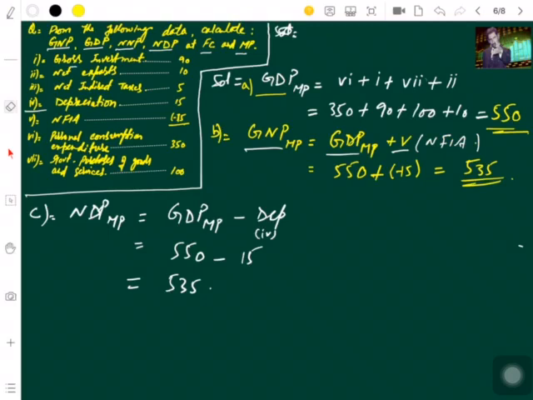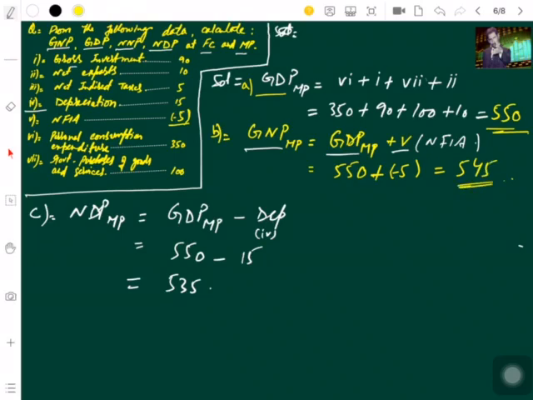I think it was 5 here, minus 5, so it will come to 545.